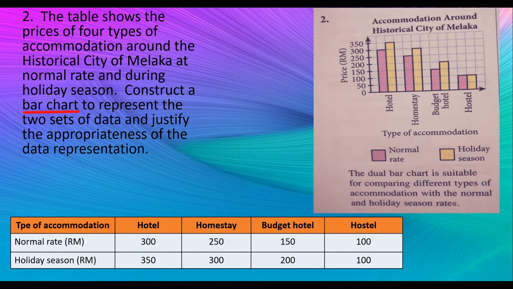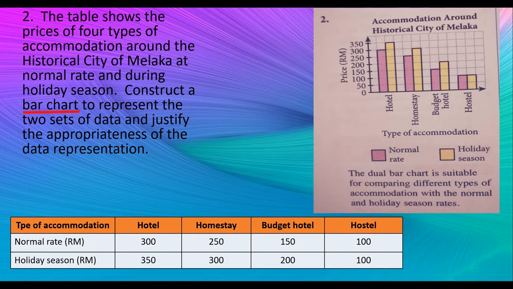Usually we will use colors. Okay, very easy. When we look here, the pink color represents the normal rate, then the yellow color represents the holiday season. Okay, afterwards everything will be the same, such as the width of each bar and also the space between the bars. Okay, now we move to our justification.